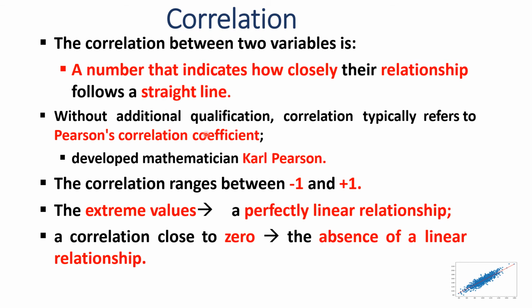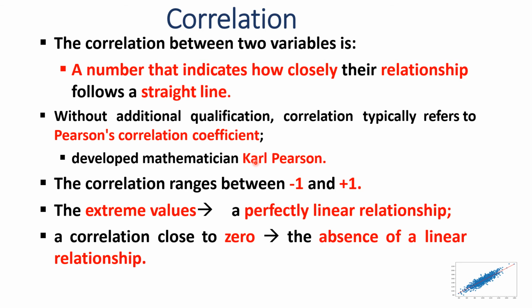Without additional qualification, it typically refers to Pearson's correlation coefficient, developed by the mathematician Karl Pearson, a statistician who developed the correlation concept in statistics. Correlation shows how closely variables x and y are related. That relationship identification is termed correlation.